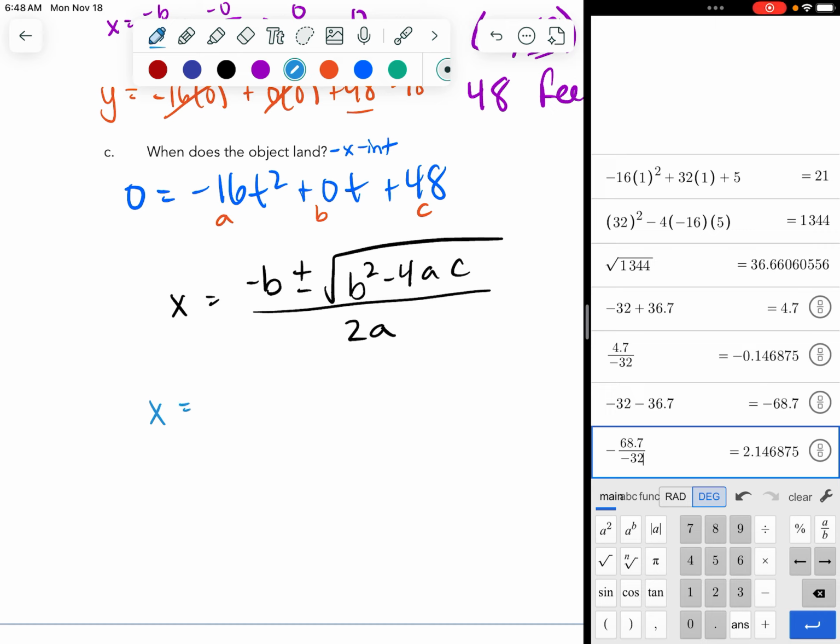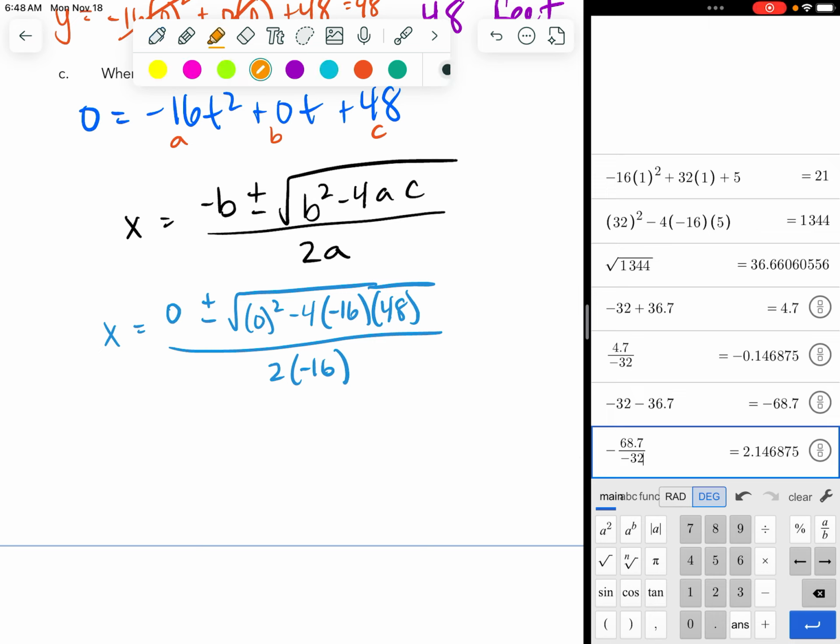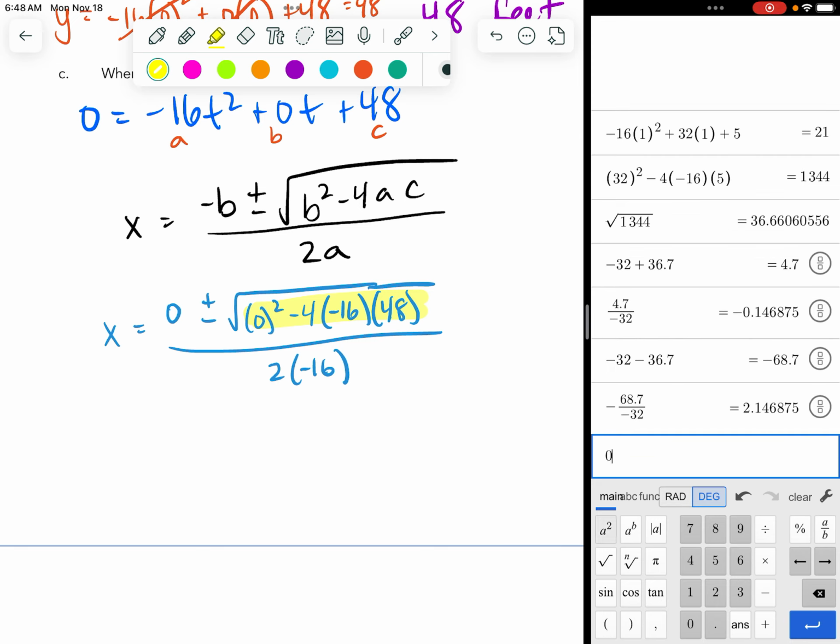So opposite of b, again, that's just going to be 0, or you could say -0, but that's the same thing. b squared, that's 0 squared, minus 4ac all over 2a. Okay, plug in just the inside part. So 0 squared minus 4 times -16 times 48.